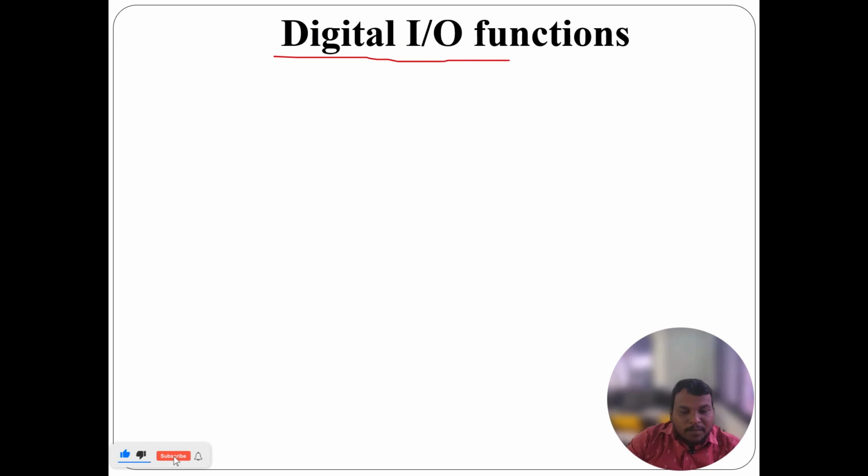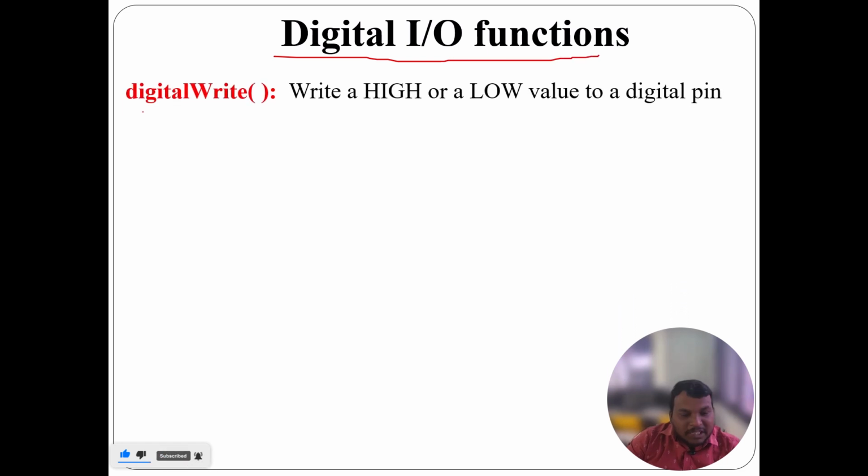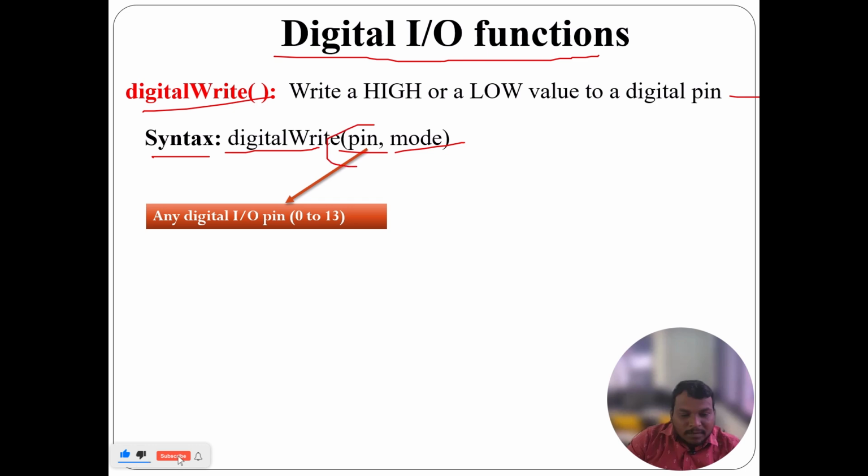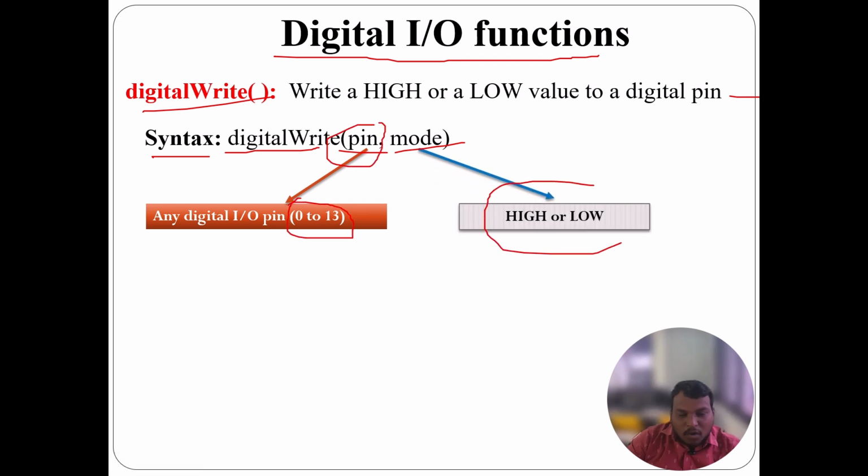Coming to digital input or output functions, next category digitalWrite. It writes a high or a low value to a digital pin. So the syntax is digitalWrite(pin, mode). Pin numbers from 0 to 13. Mode is high or low.